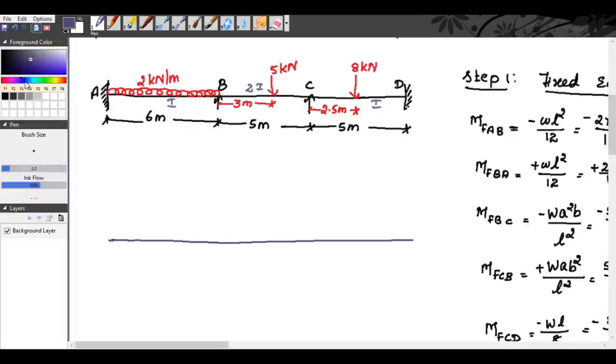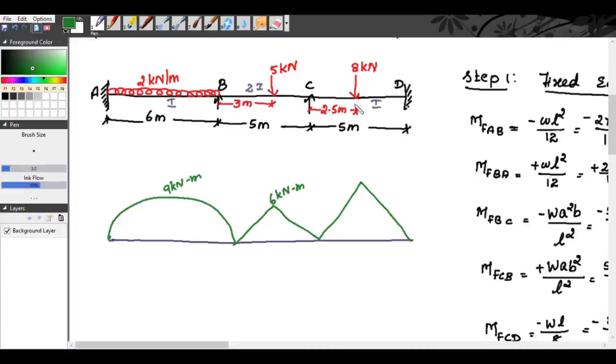Simple beam moments for AB: it is a parabola because it is UDL, and it is 9 kilonewton meter. For BC, the maximum value will be at the point where the concentrated load acts, so the value is 6 kilonewton meter. For CD it will be at the center of the span, where the concentrated load acts, and the value is 10 kilonewton meter.